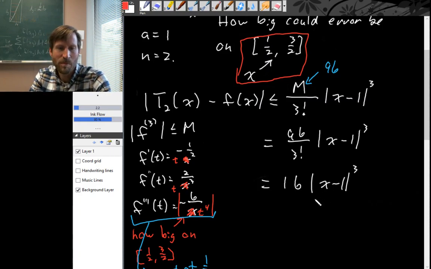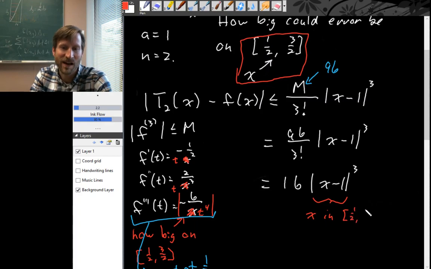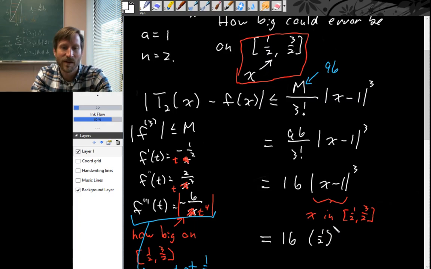So if x is in the interval from 1/2 to 3/2, worst case scenario, how big is this absolute value? In this interval, how far does x get from 1? Well, it only gets 1/2 from 1. So worst case scenario, the absolute value part there is 1/2.